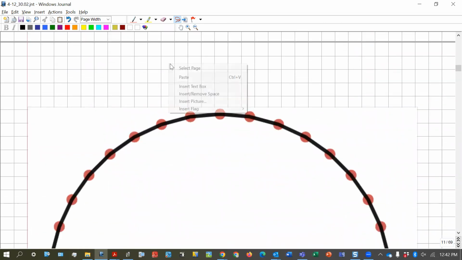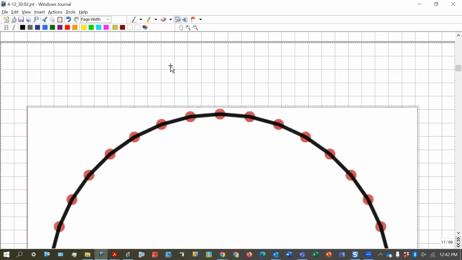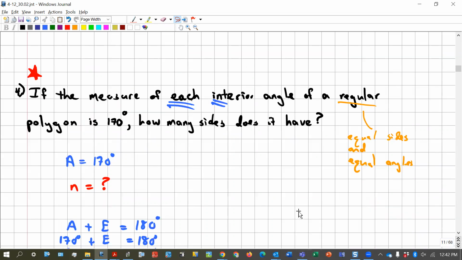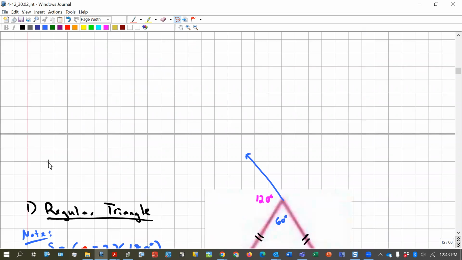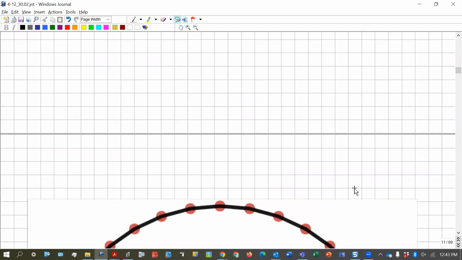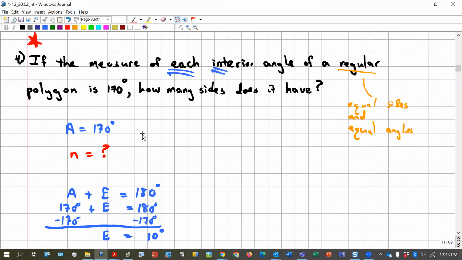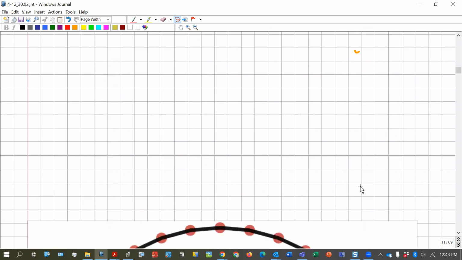I put this in the wrong page. I wanted it here. There we go. So when each interior angle is 170 degrees, that's almost a straight angle. And then each exterior angle is only 10 degrees.